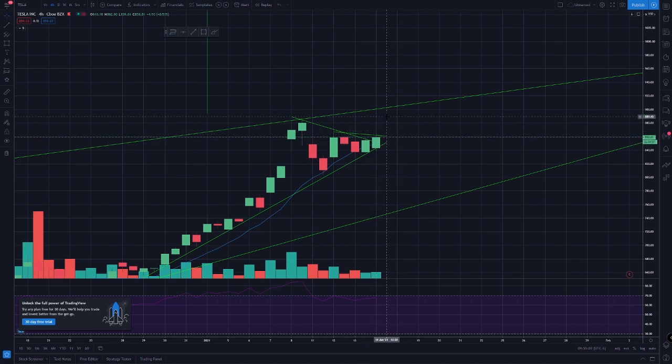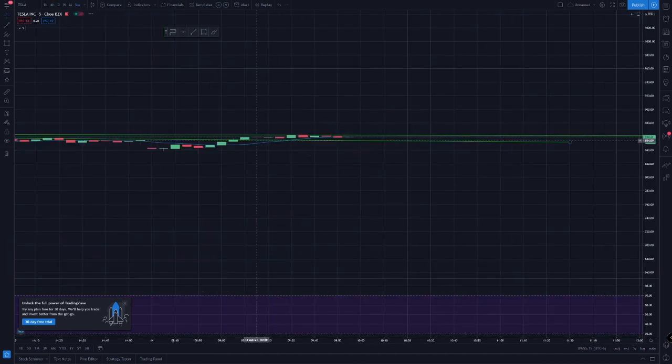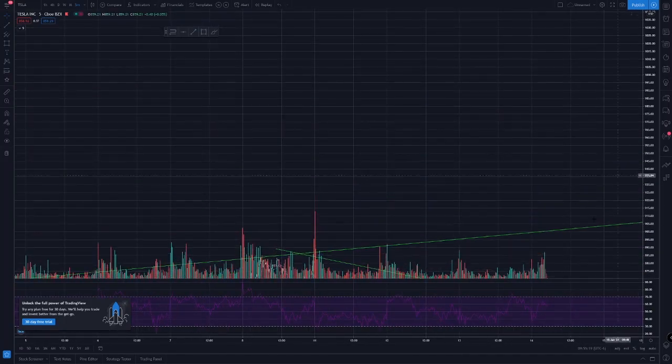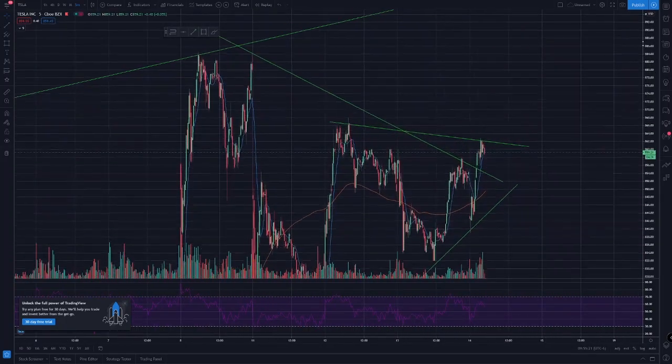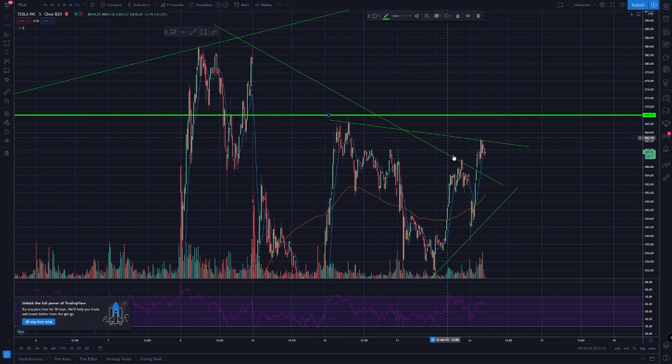So when we break out of this, then we kind of know better. It looks like we might be going up, but I can't tell right as of right now. When we break this straight line, then we'll know. That'll be another confirmation. I guess it'd be that line right there pretty much.